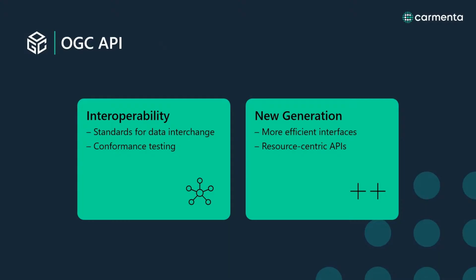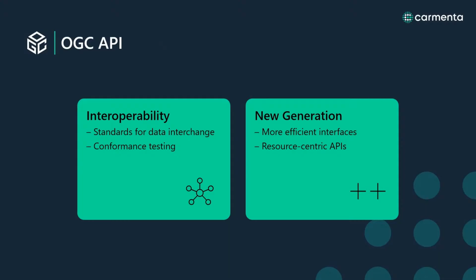OGC API is a new generation of web standards building on numerous successful OGC web services that have been around for many years, such as the OGC WMS and OGC WFS standards. Carmenta's product suite continues to support the existing standards, but now also adds support for the OGC API Tiles standard.